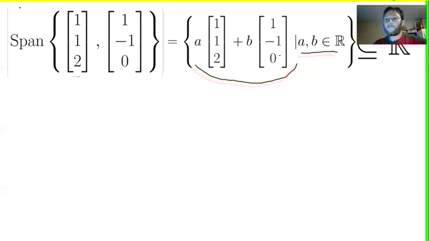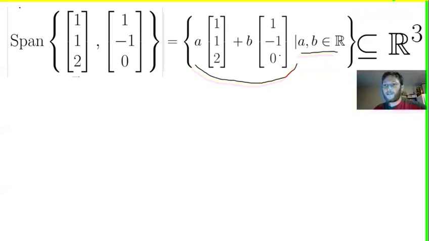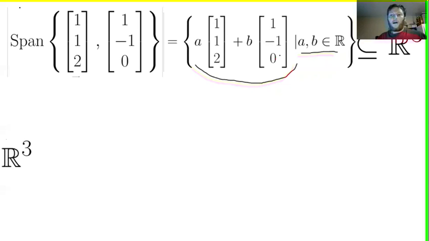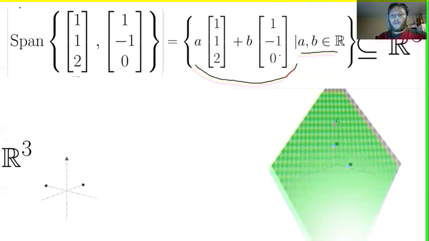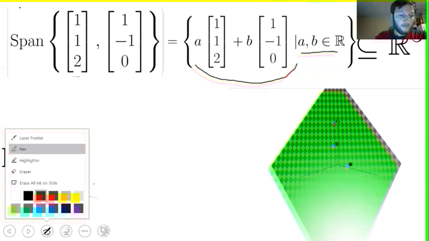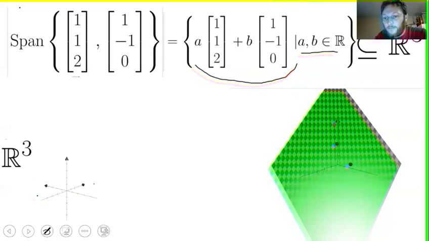Let me move my face. There we go. Subspace of R3. That's what that says. So this is a nice one because we can draw a picture of it. There's R3. Here is the subspace spanned by those two vectors.